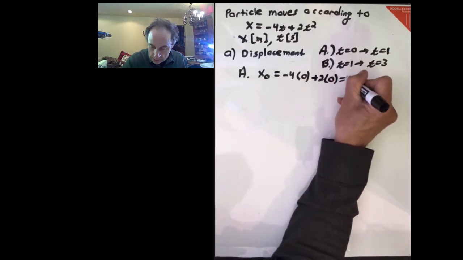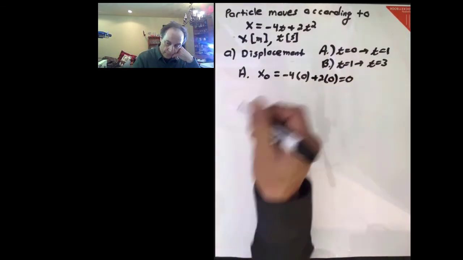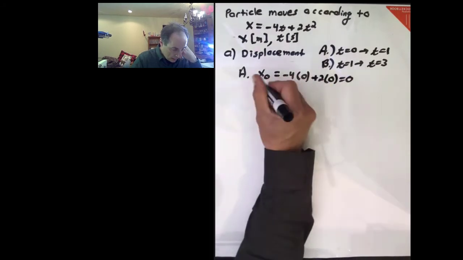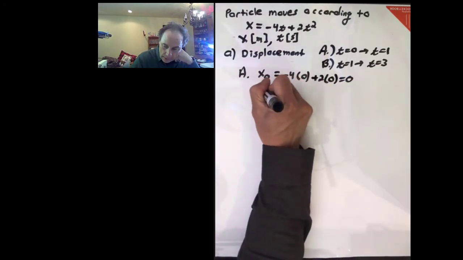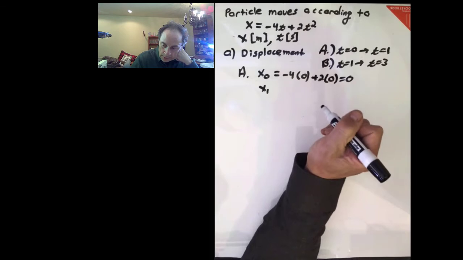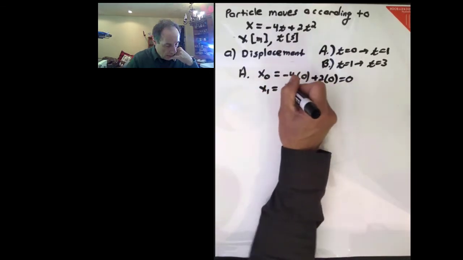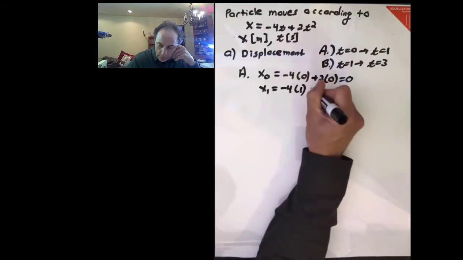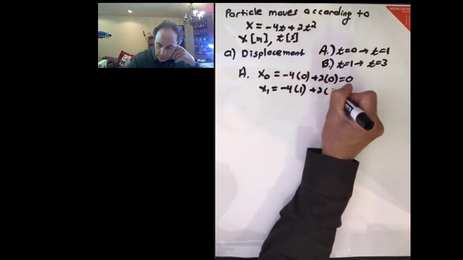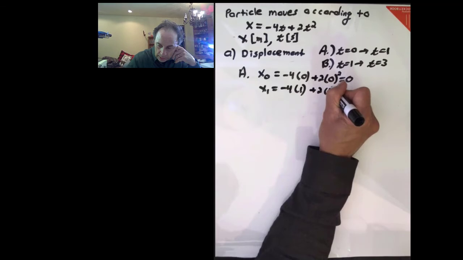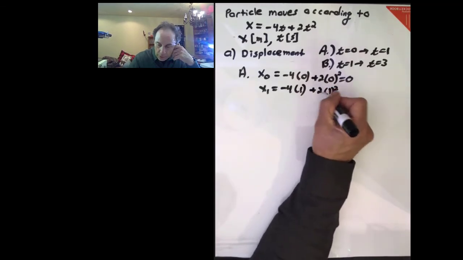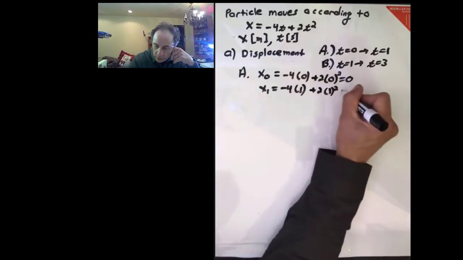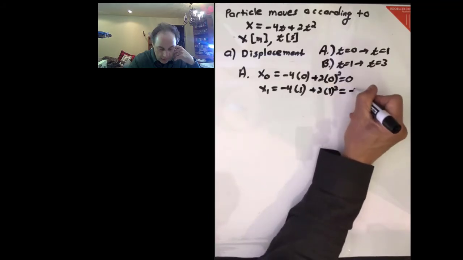So that all equals 0. x at 1 equals minus 4 times 1 second plus 2 times, oh, that's supposed to be squared, times 1 second squared. So this is just going to be 2, that's going to be minus 4. Minus 4 plus 2 is minus 2.